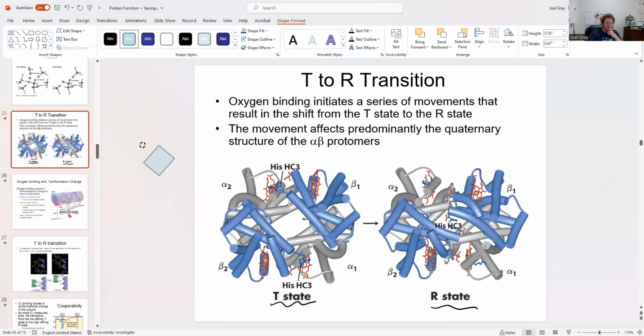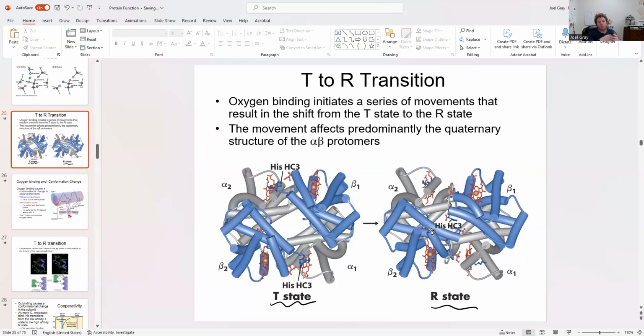I'm going to adjust the angle a little bit. I think it's pretty safe to say that that box frames what we're looking at with respect to that central cavity there. So that big central cavity in the T state of our protein, when we have all these different movements and end up with an R state, now all of a sudden that central cavity is shrunk down considerably.